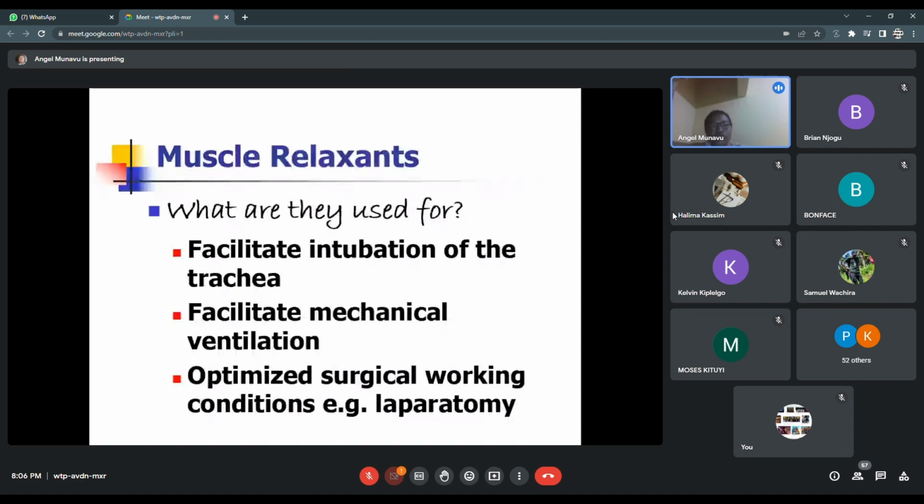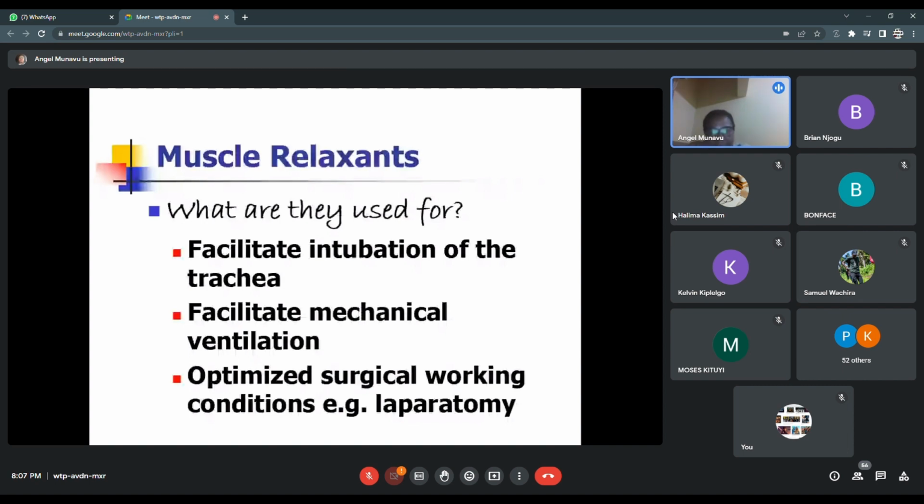Then the other thing is that they are used to facilitate mechanical ventilation. Let's say you have this patient whom you want to mechanically ventilate, whose breathing you want to take over, because some patients, because of their condition, maybe for example the patient is asthmatic, are not getting enough oxygen, so you want to breathe for them. You want to put them on the ventilator in ICU, then you have to paralyze them.